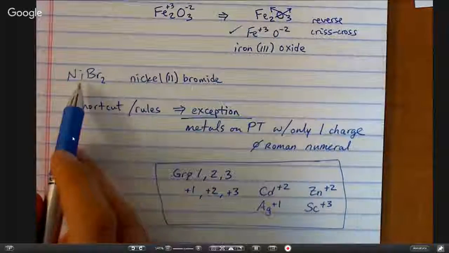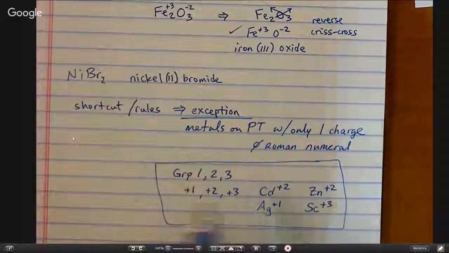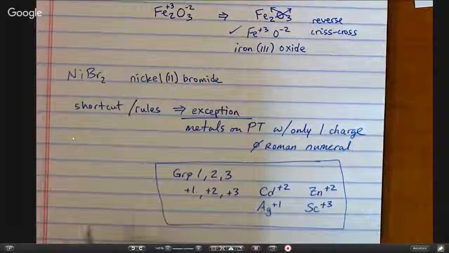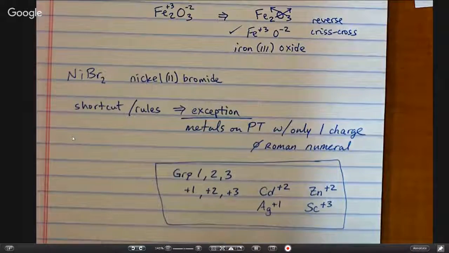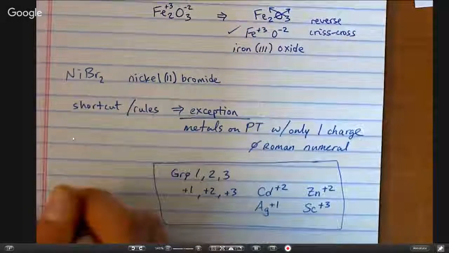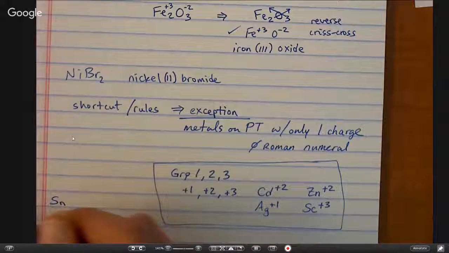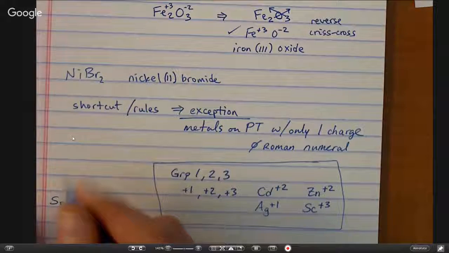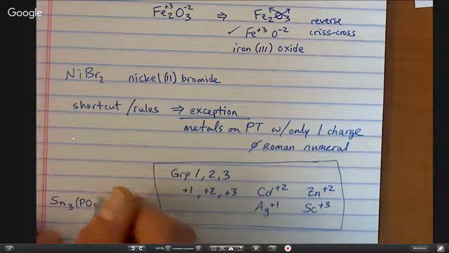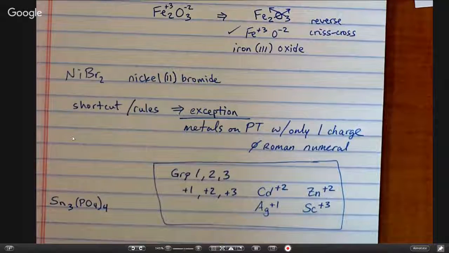So back to the one up here, nickel. Nickel is not one of these exceptions. It is in the middle of the transition metals and not one of these exceptions, like I said, so it gets a Roman numeral. What about, let's see here, this one. Okay, this compound right here.